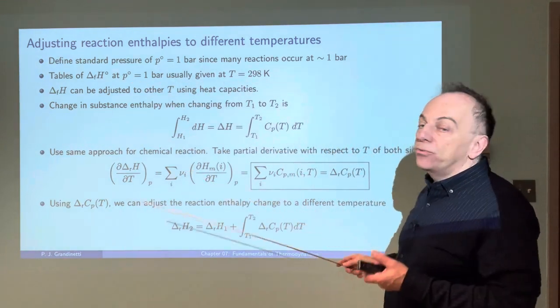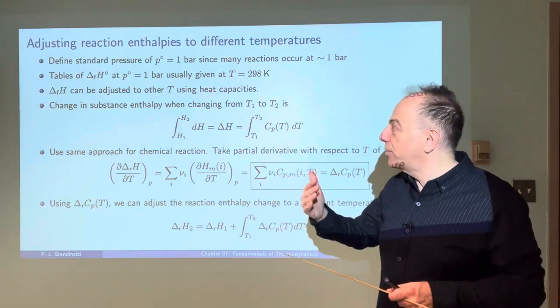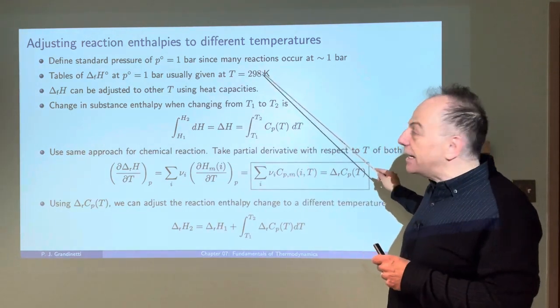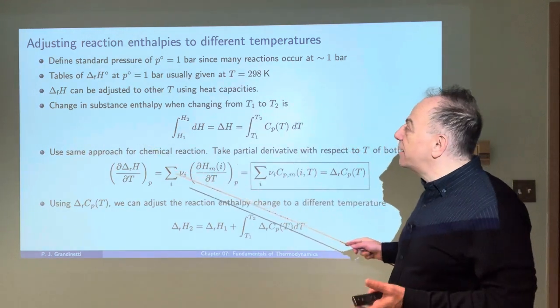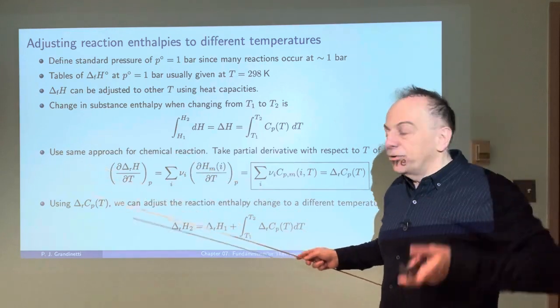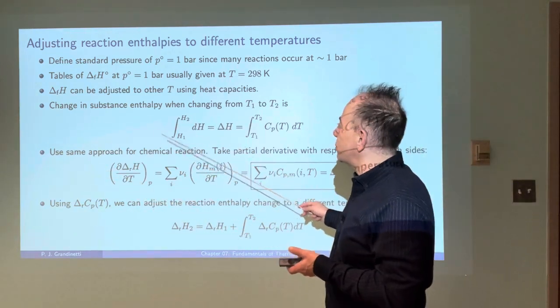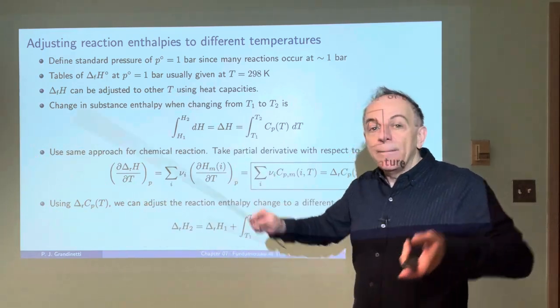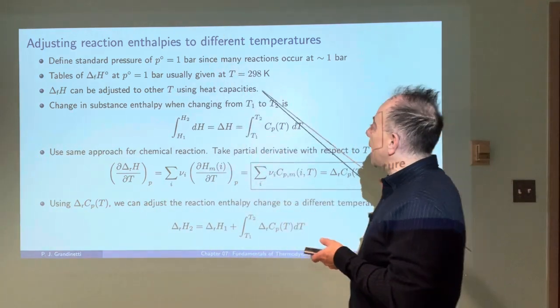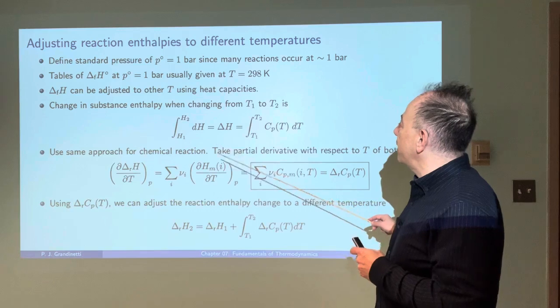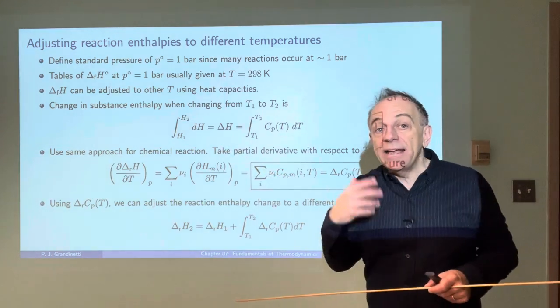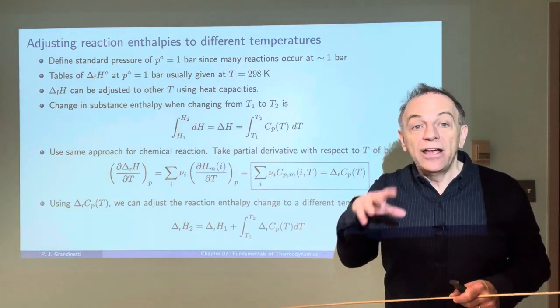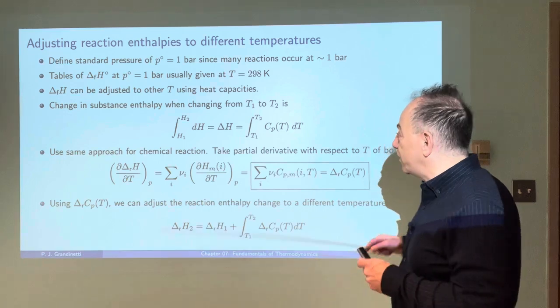But if you need to do the reaction at a higher temperature, you can't use the table at 298, but you can adjust the delta H's up to the higher temperature, so they're still at 1 bar pressure, which is the standard state, but now you're going to run them at a higher temperature. You could do that by taking advantage of knowing the constant pressure heat capacity for each of the compounds that's present in your reaction.